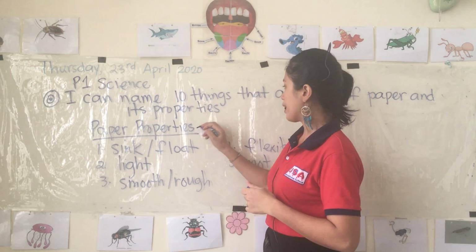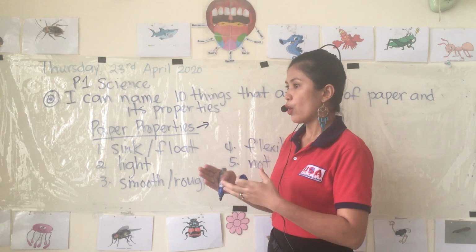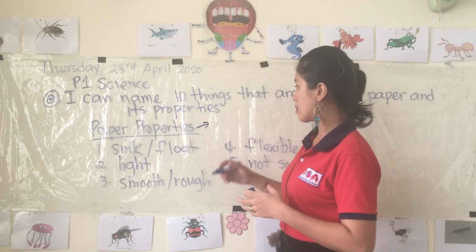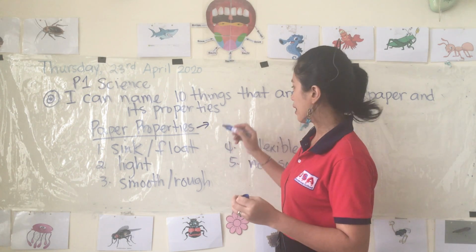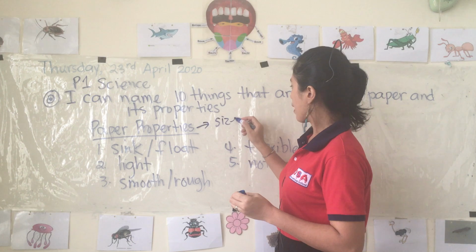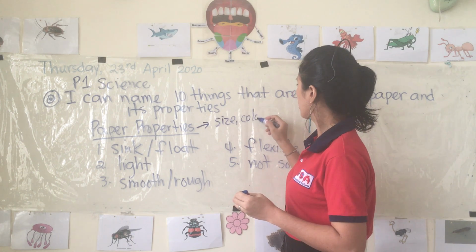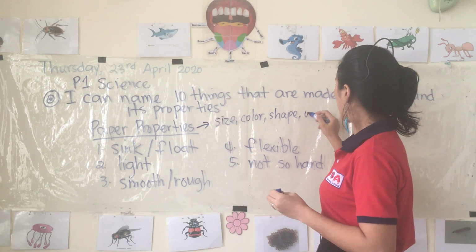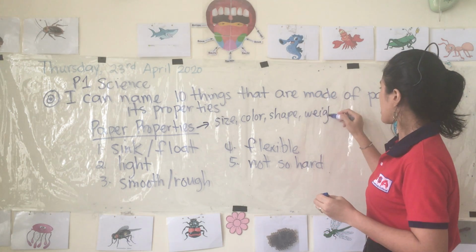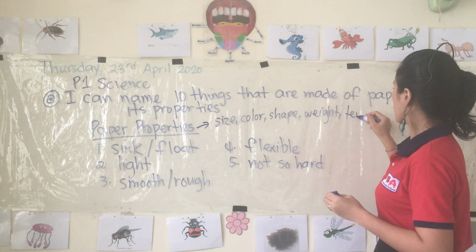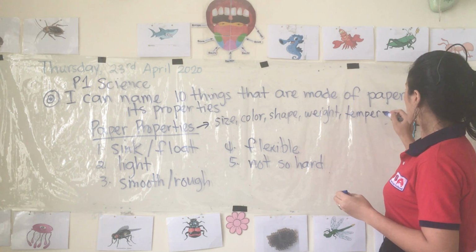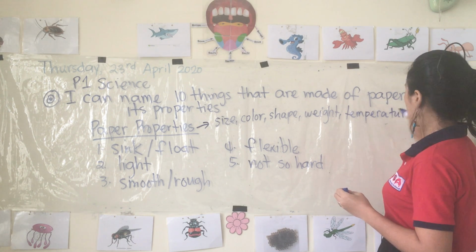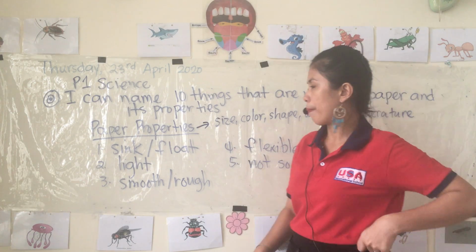For the properties, you are going to distinguish or describe the material by its size, by its color, by its shape, its weight, and sometimes its temperature. So these are the things that you can use to define a property.